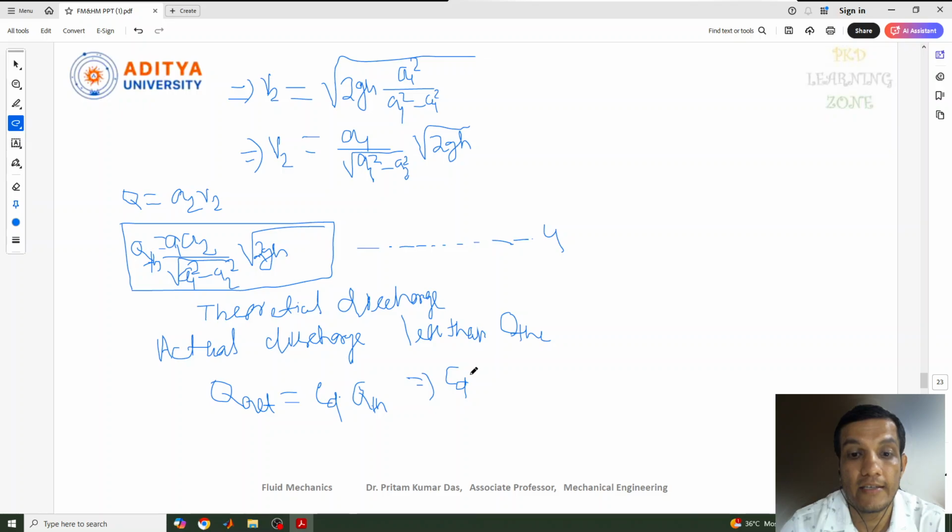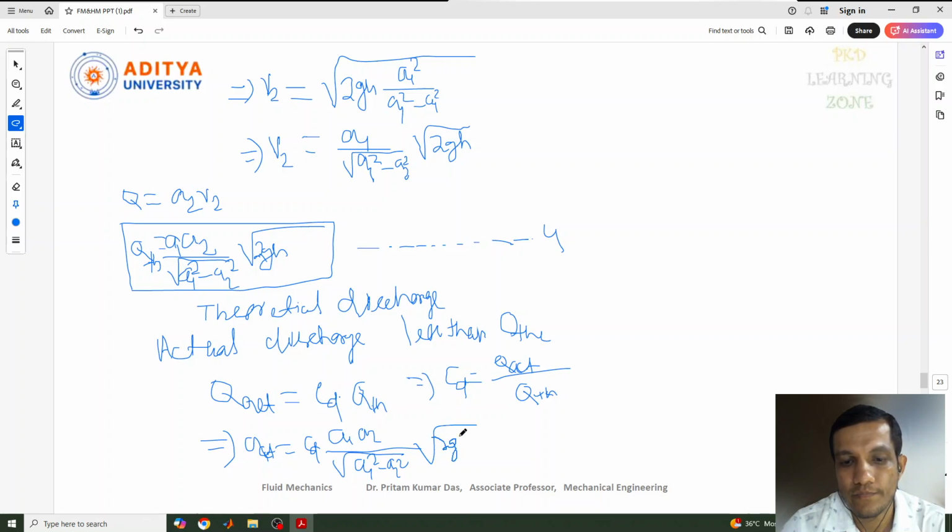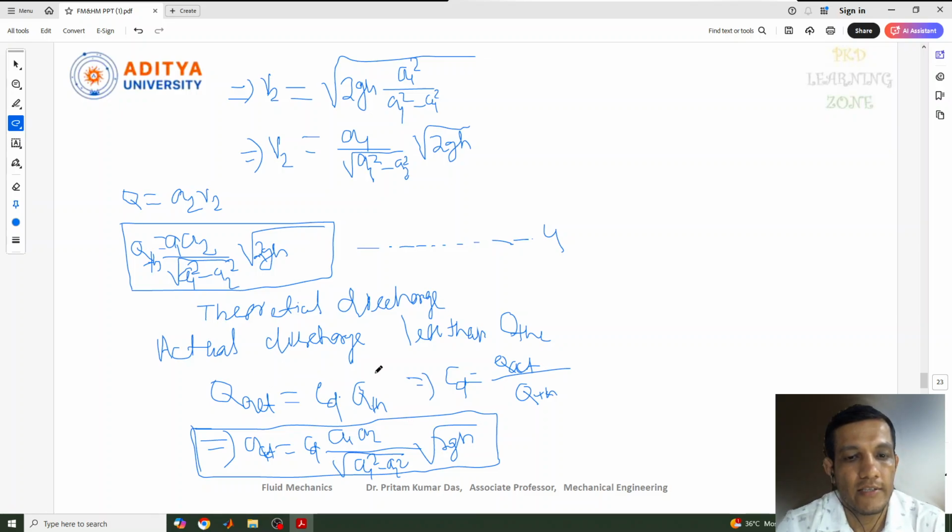Correct. Now what I can write here, Cd equal to Q actual by Q theoretical. Now here also I can write the equation Q actual equal to Cd, just put this equation here, that's it. That is nothing but A1 A2 divided by root over of A1 square minus A2 square, into root over of 2gh. Okay, so this is the final equation of the actual discharge and theoretical discharge.